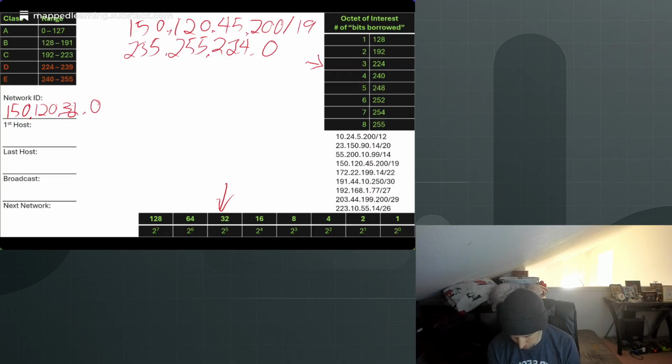150.120.32.1. Add 32. Next network, 150.120.64.0.